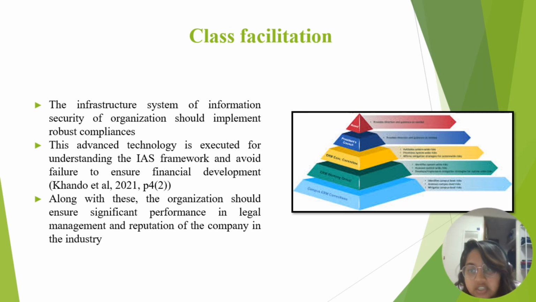Due to this reason, it is important for the organization to implement advanced tools and technologies like artificial intelligence, robust systems, IAS, and machine learning. Along with this, the organization should ensure significant performance in legal management and the reputation of the company in the industry.